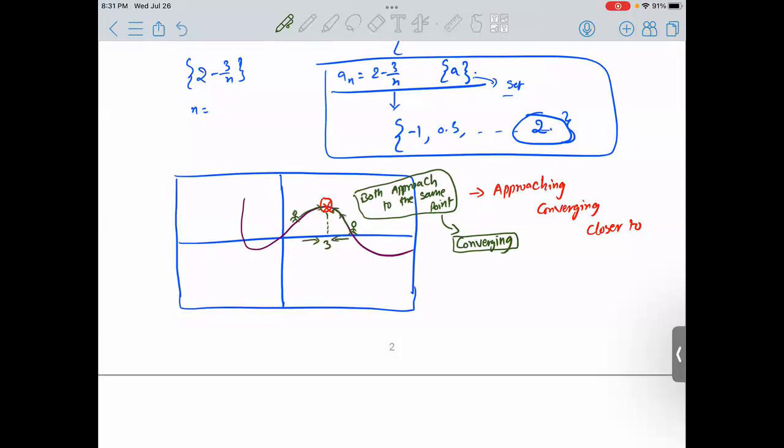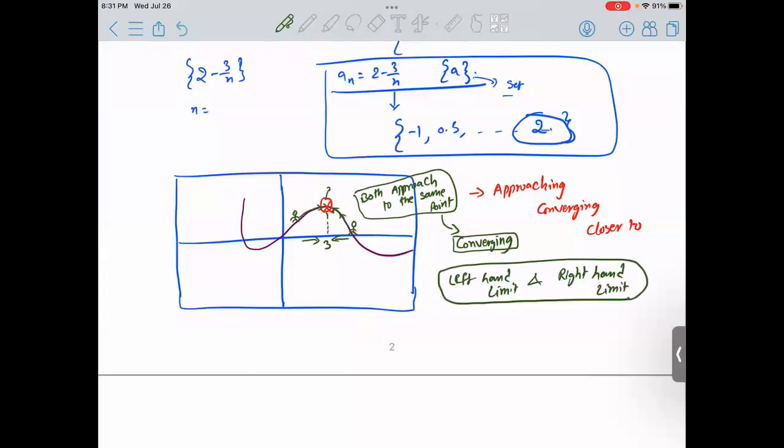When we go from an increasing direction or from a decreasing direction, we have to get the same value. This is known as the left hand limit and this is known as the right hand limit. If we get a different value, then the graph is not converging.